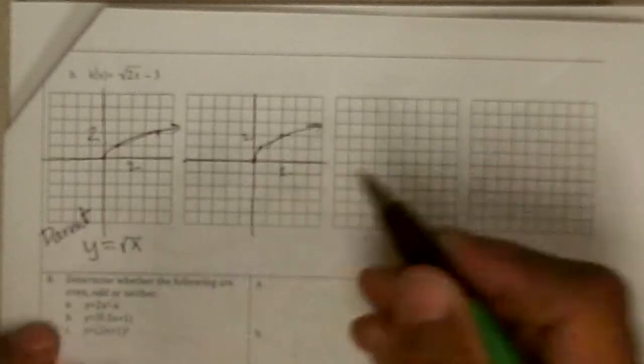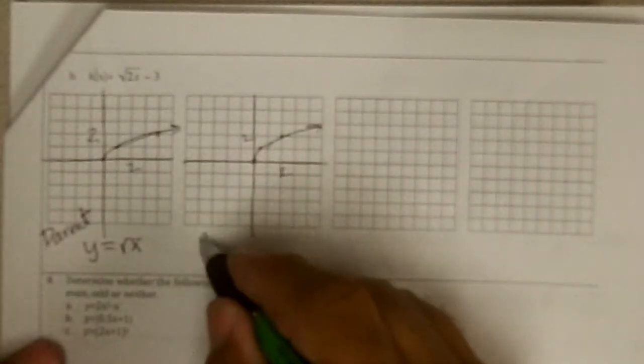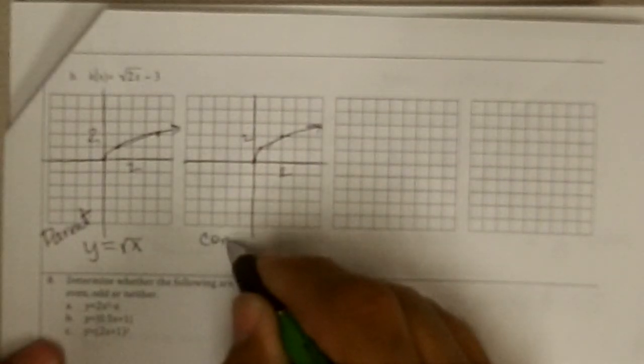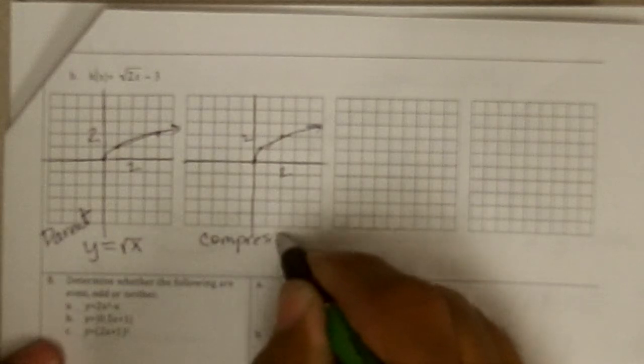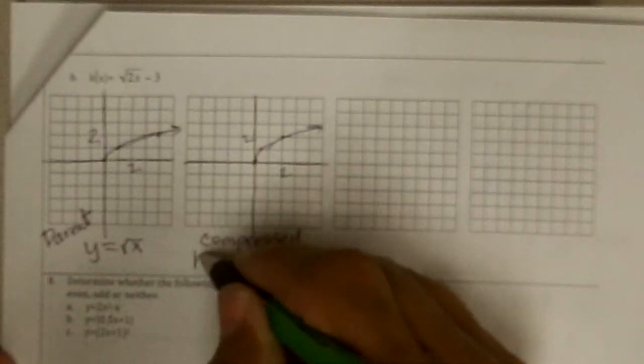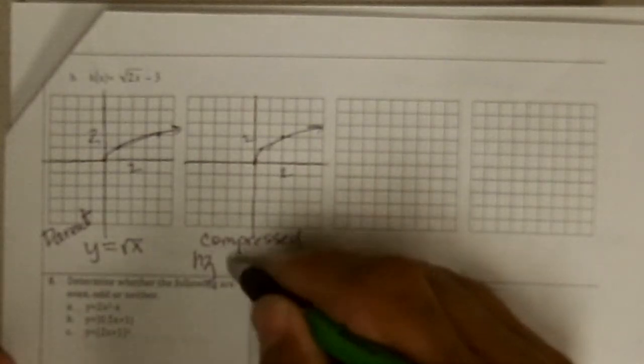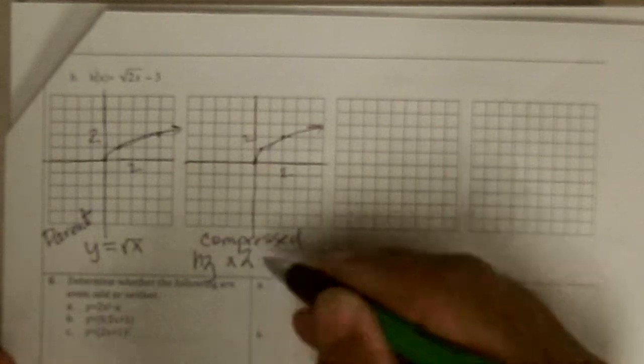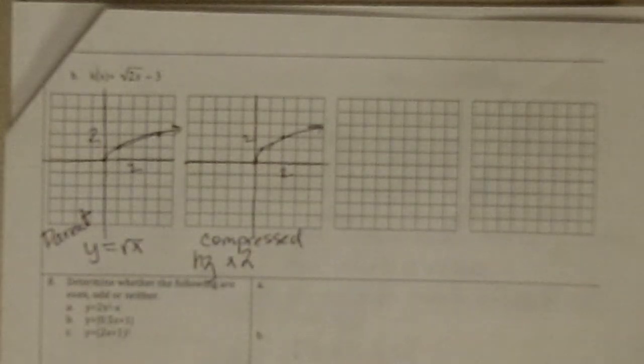We compressed it. I didn't know whether you thought vertically or horizontally, so you have to say that it was compressed horizontally by a factor of 2. Or it's half as wide if you wish.